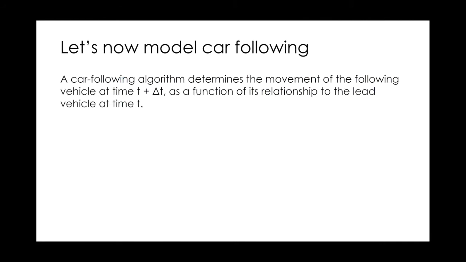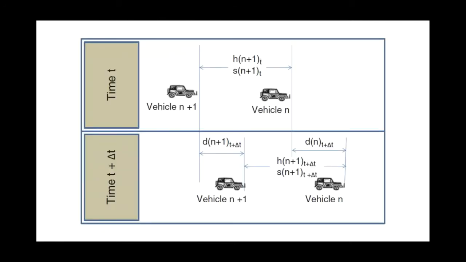So now let's start modeling this. Let's put some math into all these concepts. In a car following algorithm, we determine the movement of the following vehicle at time t plus delta t, so at some time in the future, as a function of its relationship to the lead vehicle at time t. So imagine this is time t. I have the lead vehicle, and this is the follower.